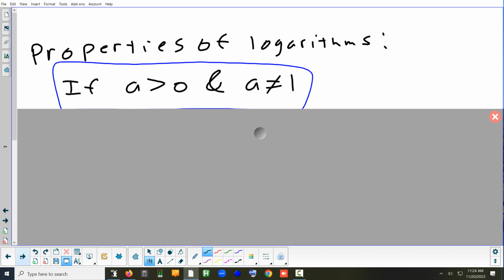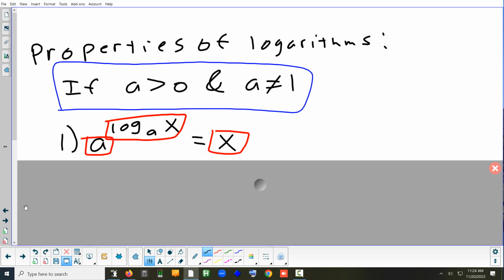So let's look at a couple special properties. We're going to look at four different properties. And these properties are more like a special pattern, where if you see this pattern, the answer is automatically going to be a certain number. Here's our first pattern.